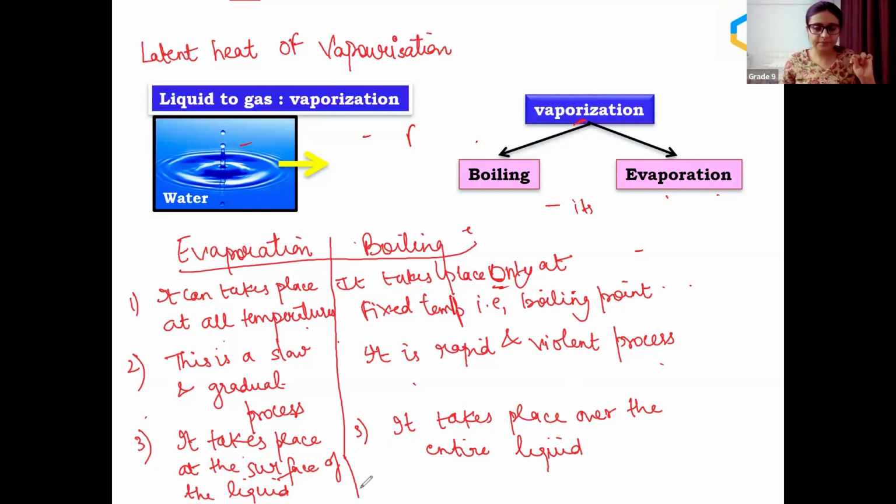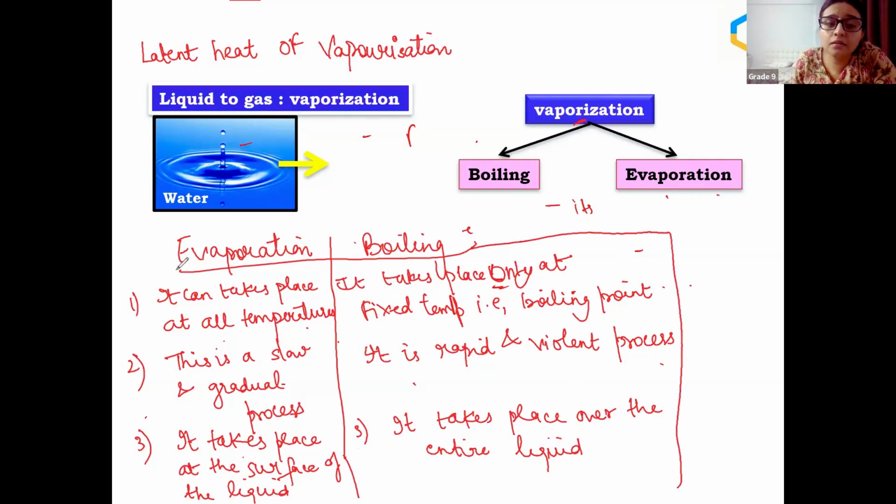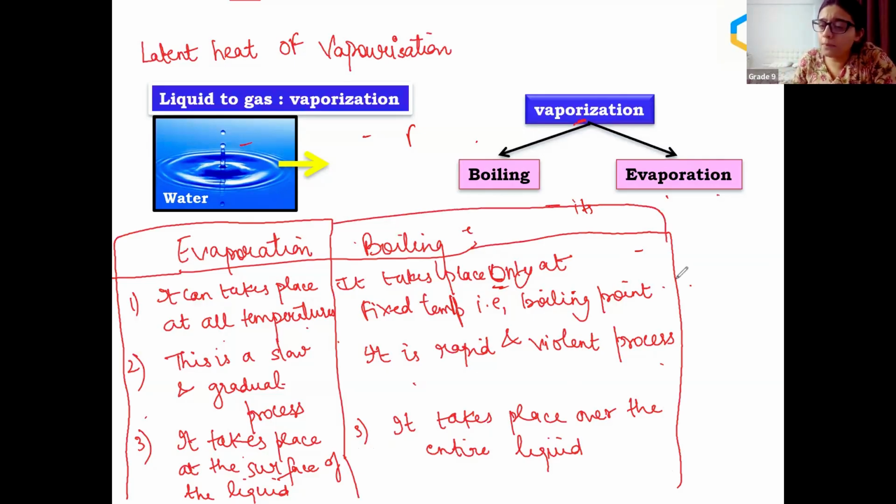Now, the fourth one is a turning point. In boiling, we are increasing the temperature. Of course, the water gets heated up, and there will be the feeling of heat in the environment of the boiling, where we are going to boil the liquid. But does that happen in evaporation also?